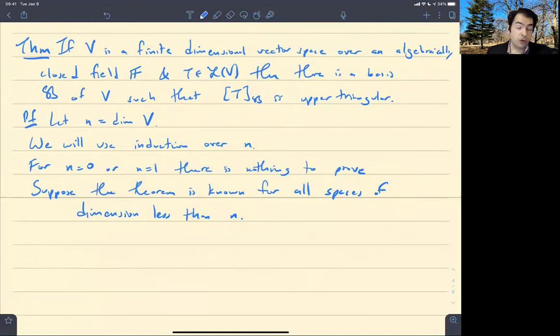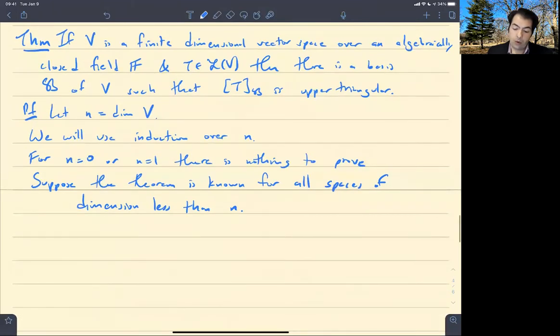What we want to do, obviously, is reduce the theorem for spaces of dimension n to something involving a smaller dimensional vector space. And because we have an algebraically closed field, we know from the previous result that this map has an eigenvalue, hence an eigenvector.